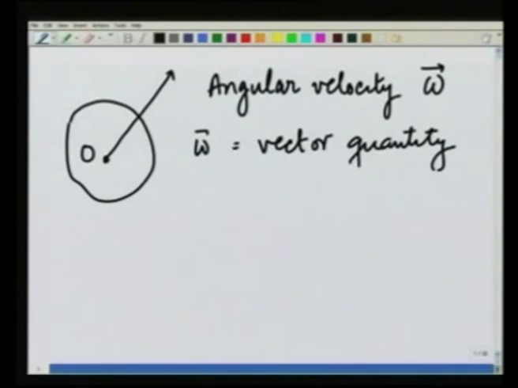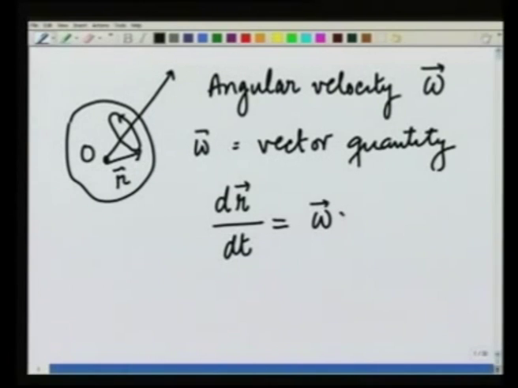And any vector which is attached with the body rotates about the axis. Because this vector is rotating, there is a change in the vector. Here I have taken vector r, so dr over dt because of this rotation is omega cross r.